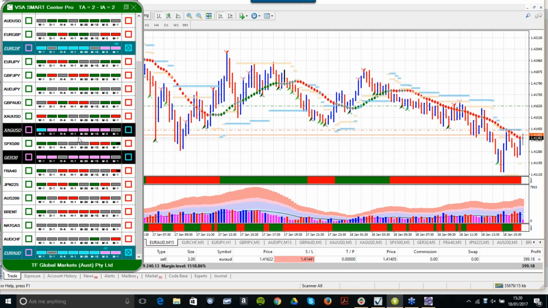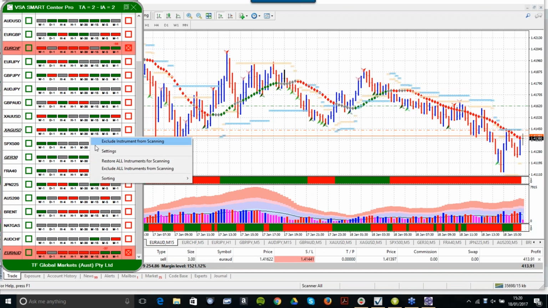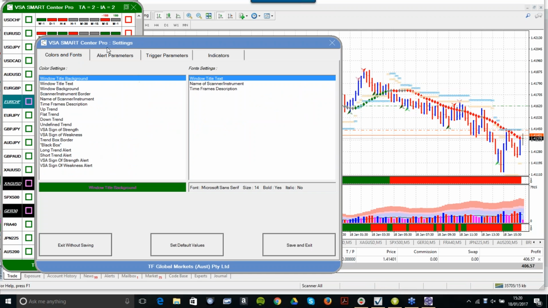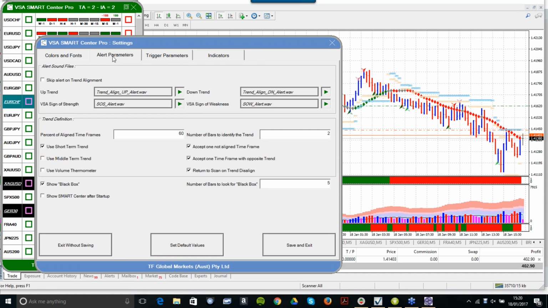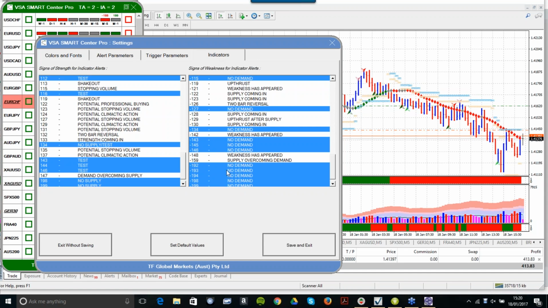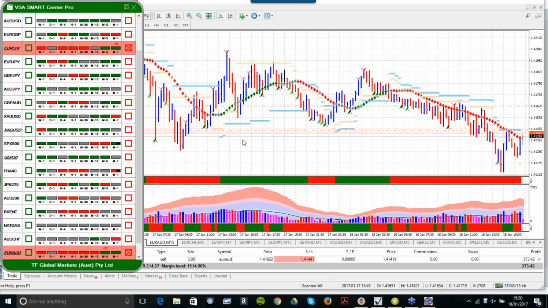This scanner comes automatically preset with these time frames in it, but you can change these by just going to the settings tab, okay, and actually setting the parameters here. And you can also ask the software to find which VSA principles you want to actually look for, okay? But we'll talk about the settings in a minute. So that's what it's doing, Mike. It's actually looking at the time frames that you choose.